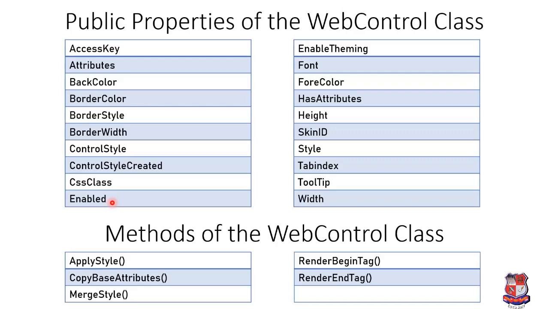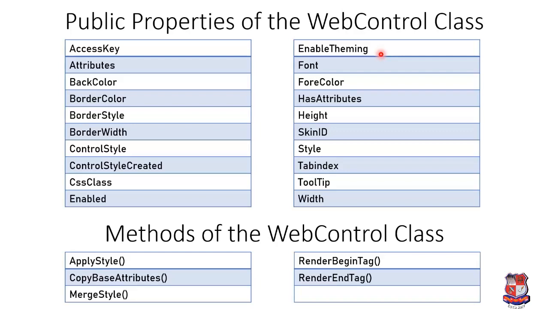Next is Enabled. It is used to obtain a value indicating whether or not the web server control is enabled. Next is EnableTheming. It is used to obtain a value indicating whether or not themes apply to the web server control.